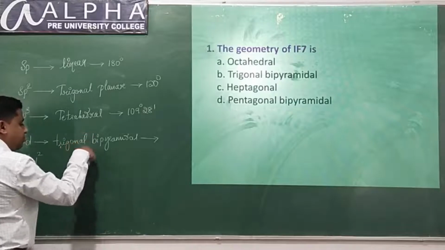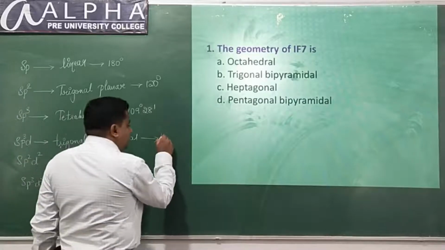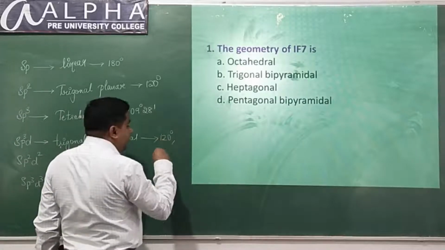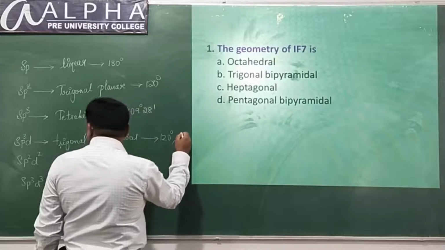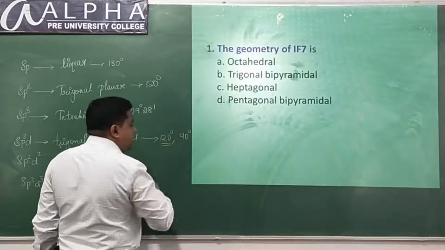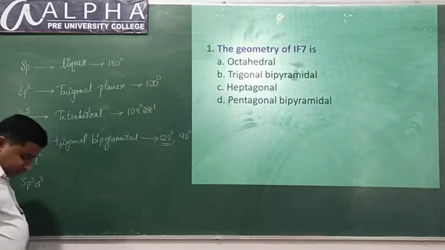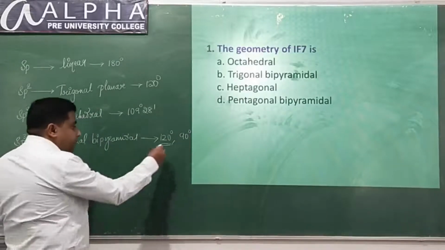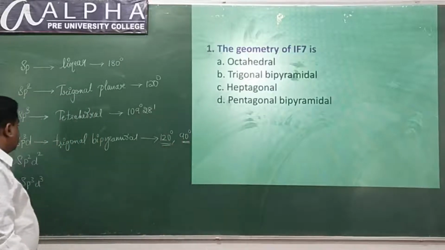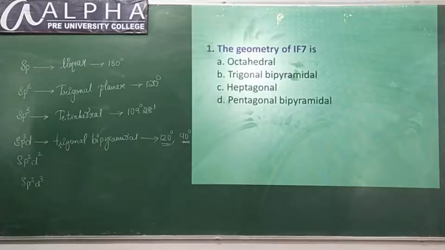And here in case of trigonal bipyramidal, 3 bond angles are going to be 120 degree and 2 bond angles are going to be 90 degree. Are we clear? Yes. So sp3d hybridization, trigonal bipyramidal.